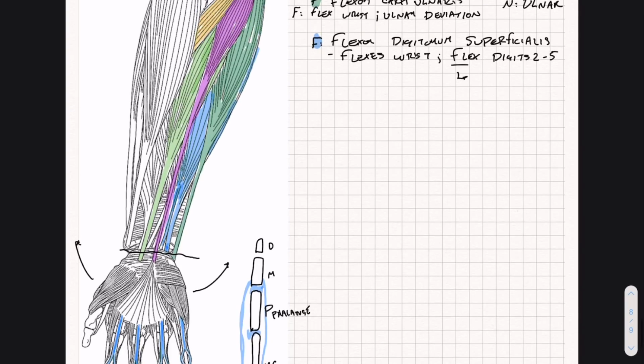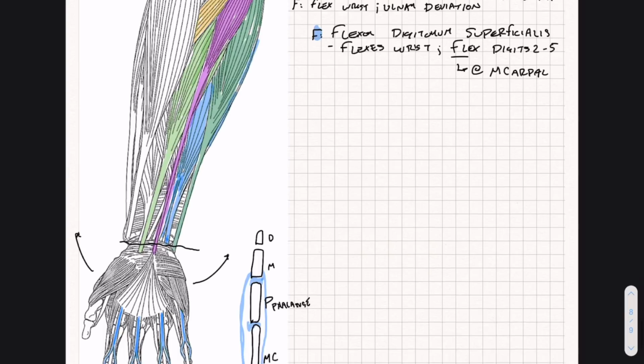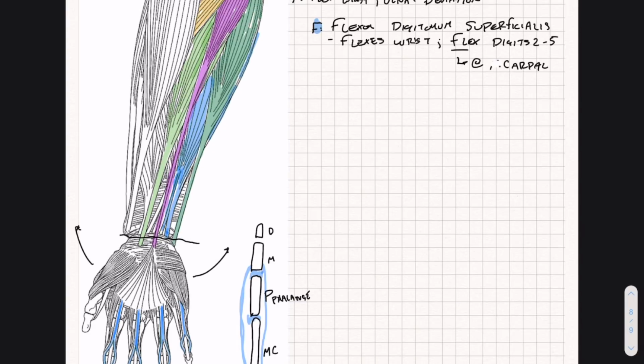So it flexes the digits at what we call the metacarpal phalangeal joint, the MCP joint, which is this one here.